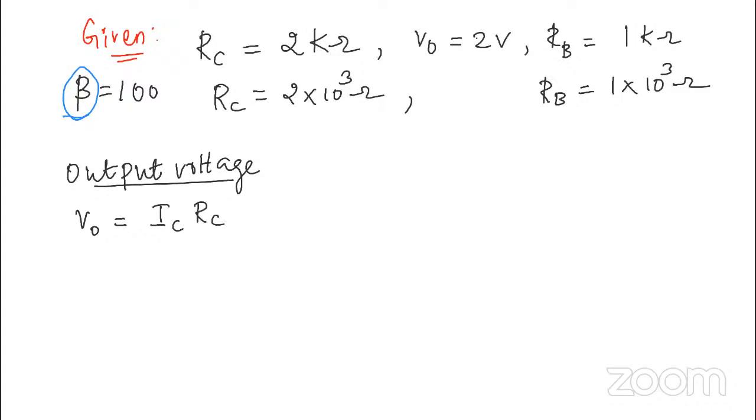So இதுல இருந்து நம்மளுக்கு beta அப்படின்றது என்னன்னு தெரியணும். So what is the formula for beta? That is the current gainக்கு என்ன formula? It is IC divided by IB.